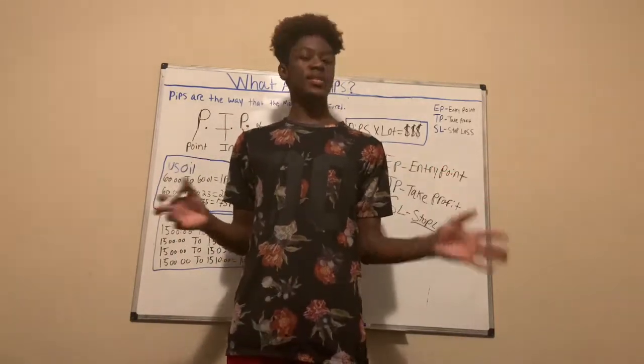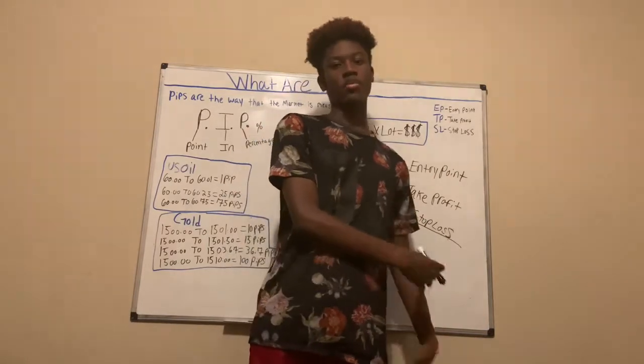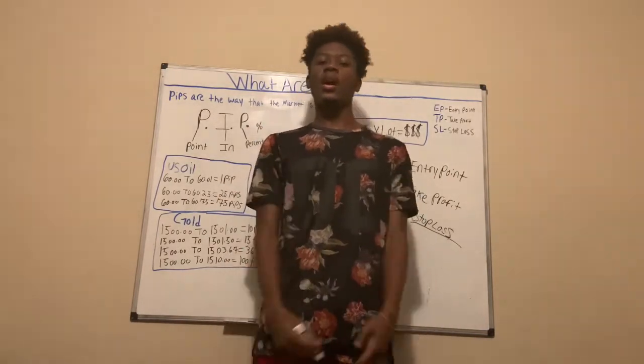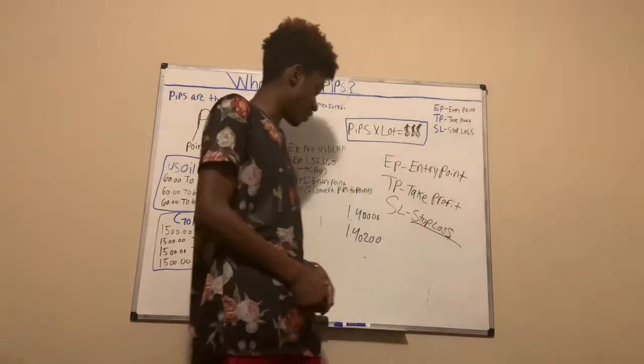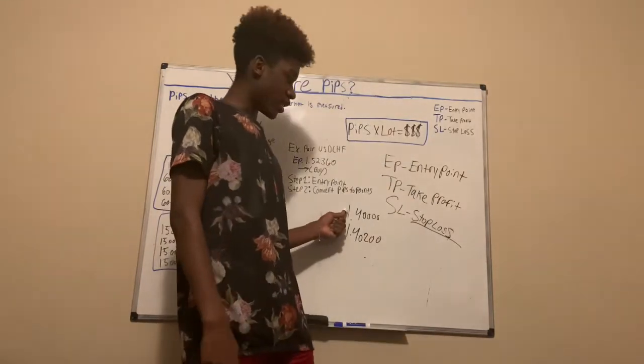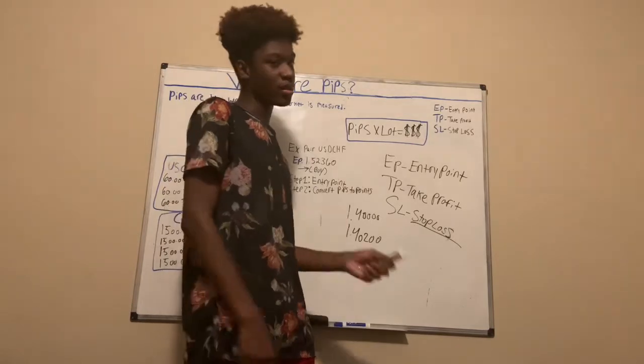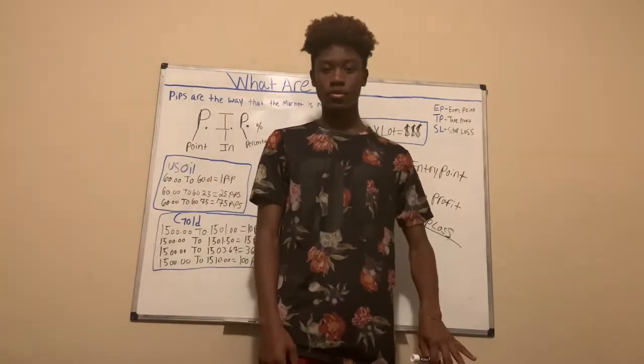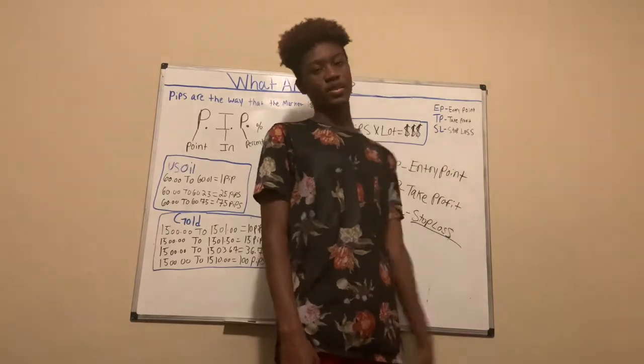Simple. It doesn't continue to ride out and make you lose more and more money. As soon as it touches that, it closes it. It doesn't matter if it touches my stop loss and then shoots back up past my entry. It still closes the trade. I'm done with it. I lost money. Simple. And that's what a stop loss is.